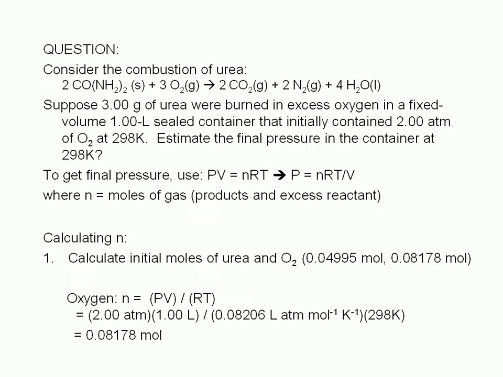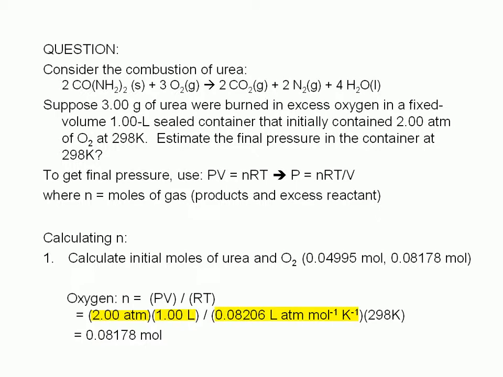Using the ideal gas equation, we can calculate the initial moles of oxygen in the container. The number of moles of oxygen is equal to the pressure, 2 atmospheres, times the volume, 1 liter, divided by the product of the ideal gas constant, R, and the temperature in Kelvin.